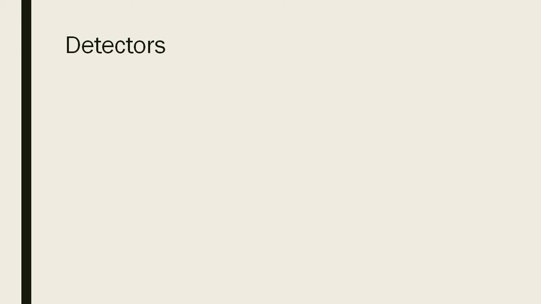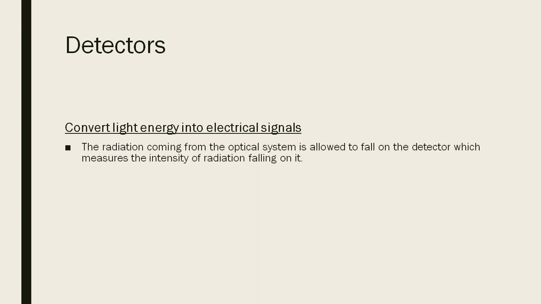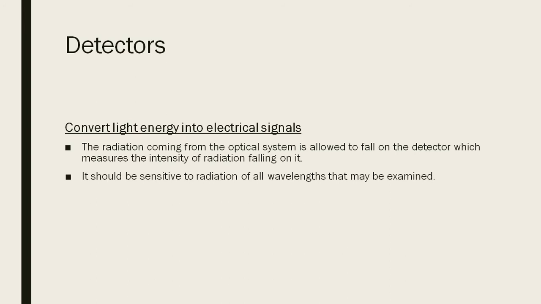Detectors. Now let us have a look at the detectors. It converts the light energy into electrical signals. The radiation coming from the optical system is allowed to fall on the detector, which measures the intensity of radiation falling on it. It should be sensitive to radiation of all wavelengths that may be examined.